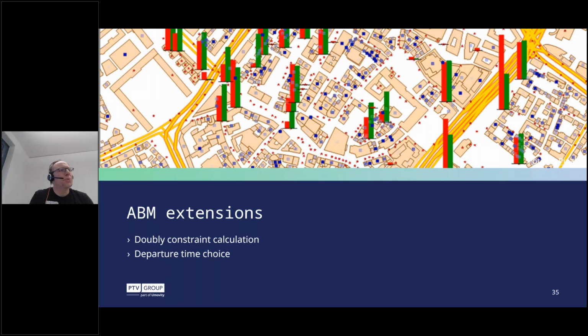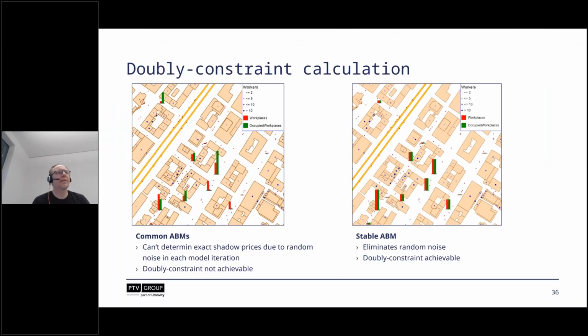Then let's look into what's happening in the area of ABM. There's a few extensions to that. For instance, we've added the ability to doubly constrain the results of the ABM.